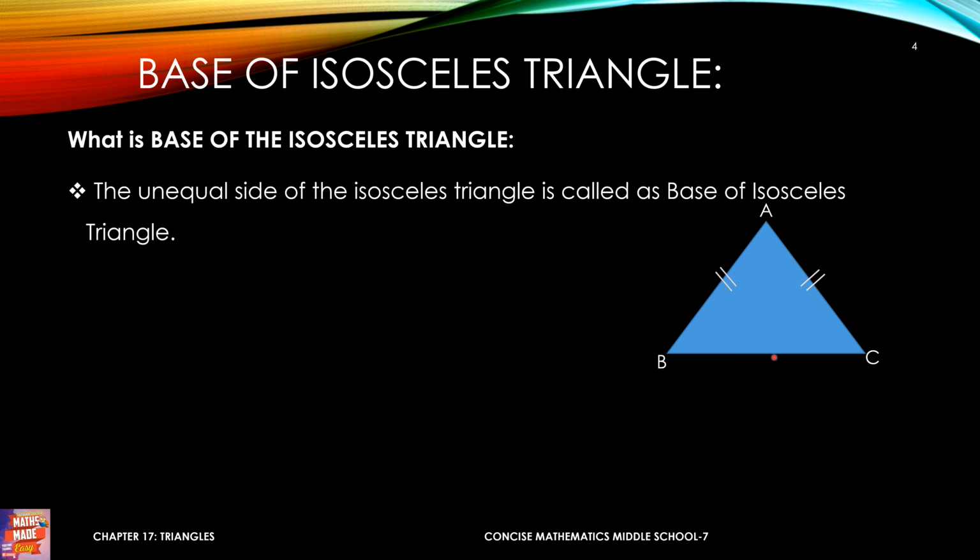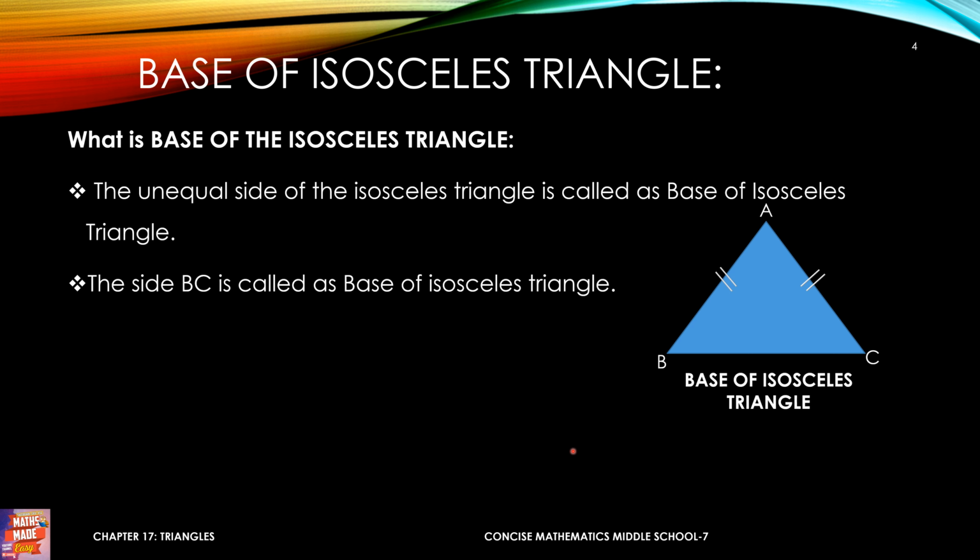Right? So this is unequal. The unequal side of the isosceles triangle, this side where my cursor is moving, is called the base of the isosceles triangle. Whenever in questions they have mentioned the base, then you can consider the unequal side as the base. So side BC is called the base of the isosceles triangle.